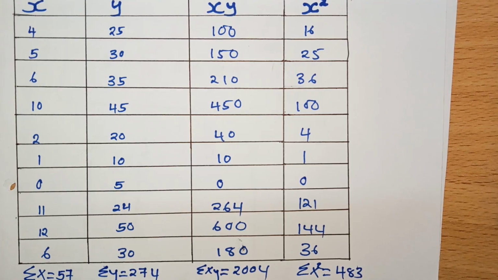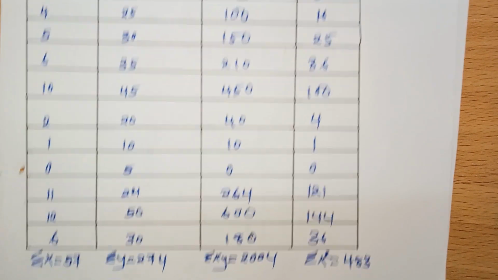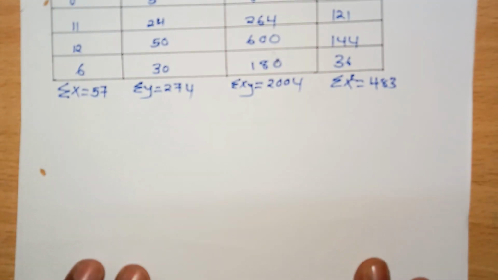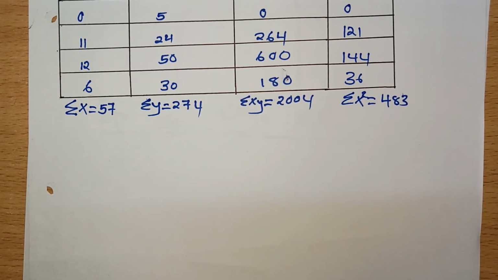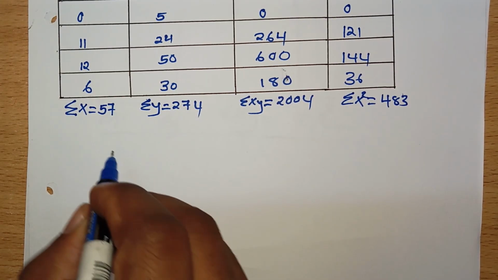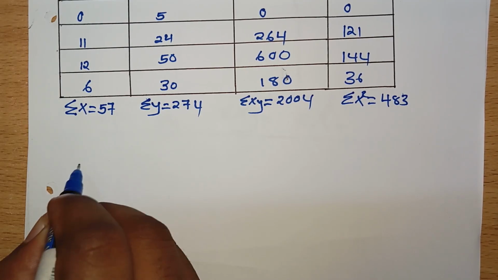Let us now proceed with our equations. I told you that for us to be able to determine the regression of y on x, I have given you two formulas.